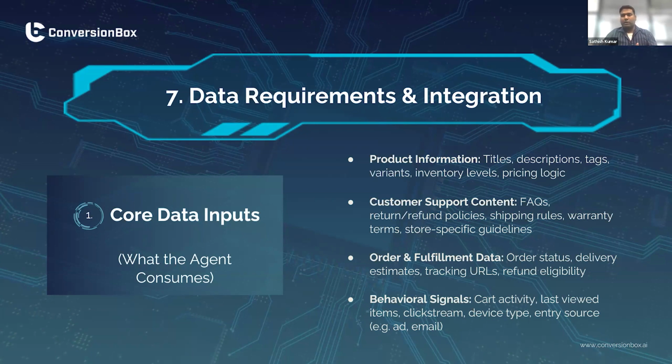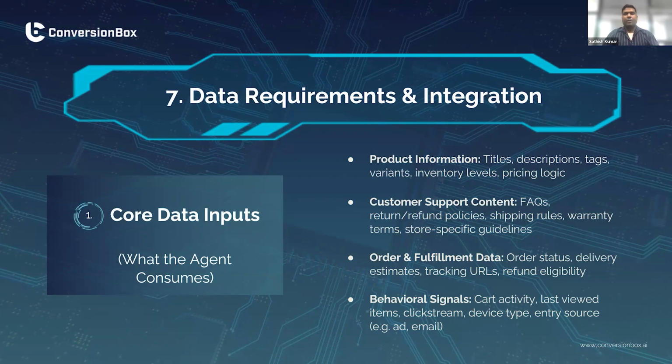So basically, you have to send the information about titles, descriptions, tags, or if it is FAQs, product text documents, all these things, along with the order, shipping information, and even information like heat maps, cart activity, all these things you have to share with these AI agents or with these LLMs to do a better optimization on your site.